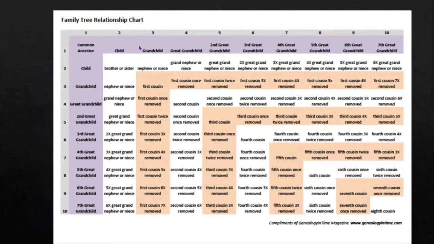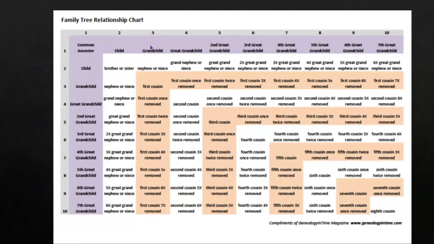So on the top, you pick from the most recent common ancestor, what would that person that you're trying to identify, what would their title be? So if someone is the grandchild of the common ancestor and another family member is also the grandchild of that common ancestor, they're first cousins.